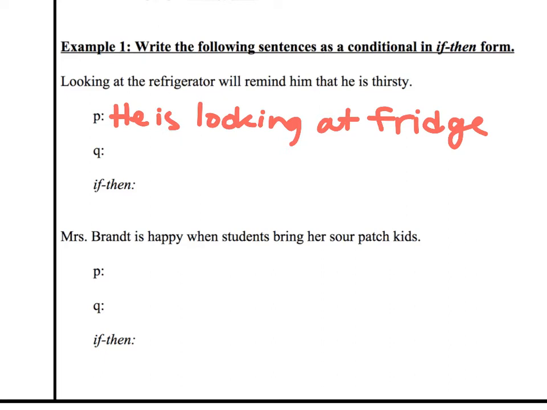What's the conclusion? Okay, so put that together as an if-then statement. Lucas, what's my if-then statement going to be? If he is looking at the fridge, then he is thirsty. Good.